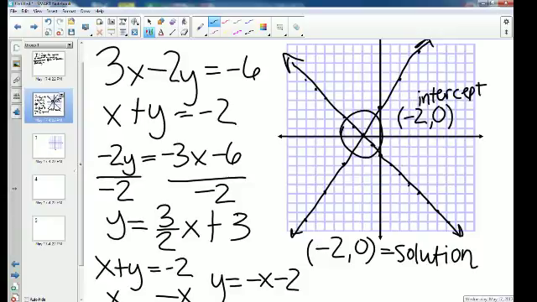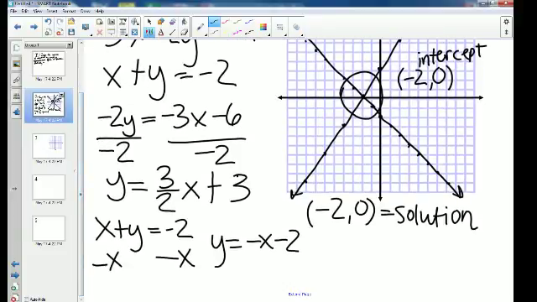You can also determine that it is an independent system because we only got one solution from graphing. And that is the answer to the first example.